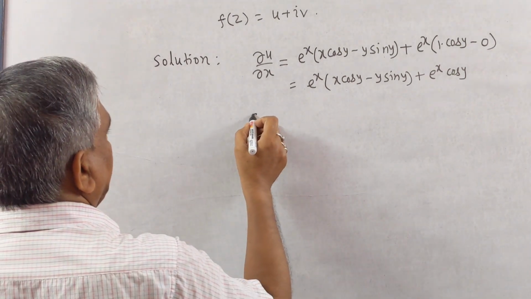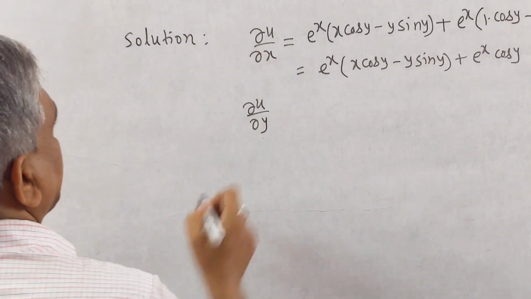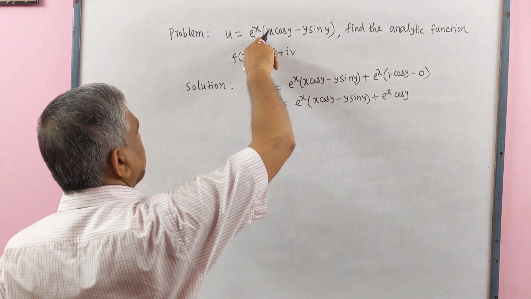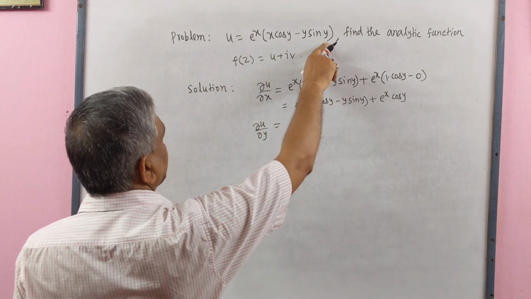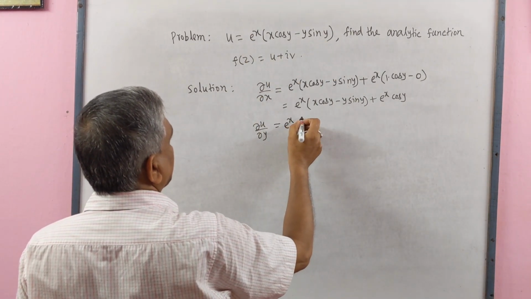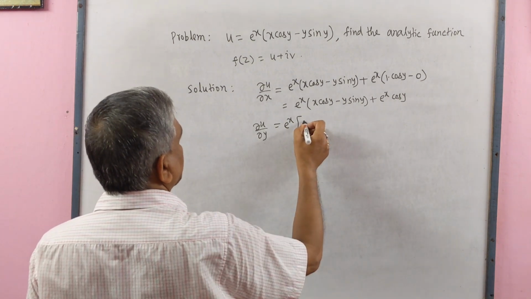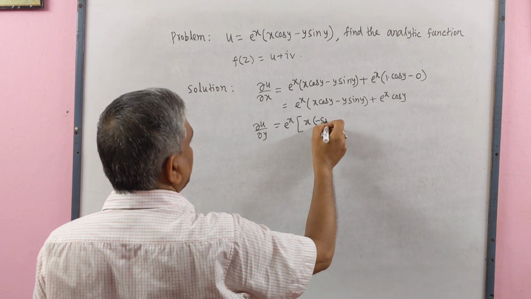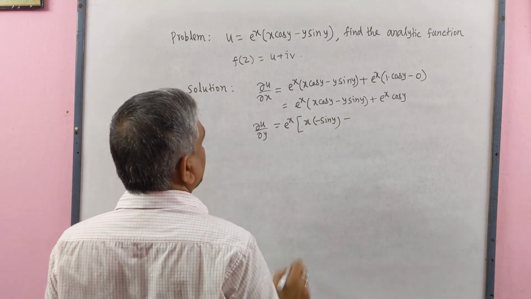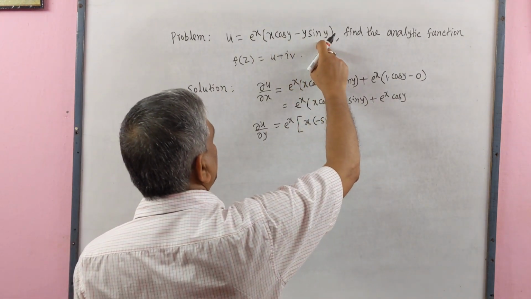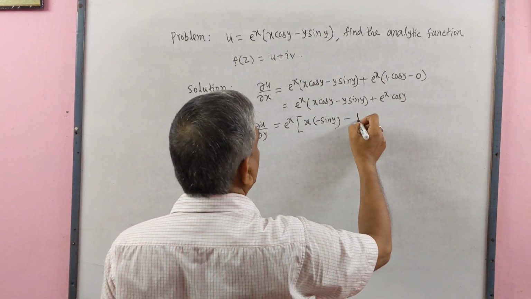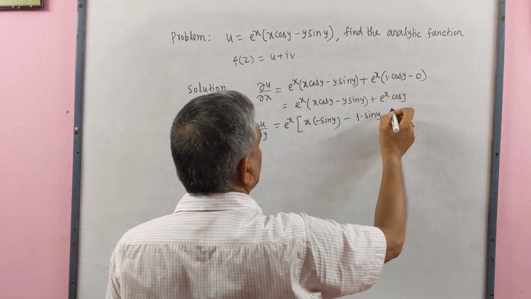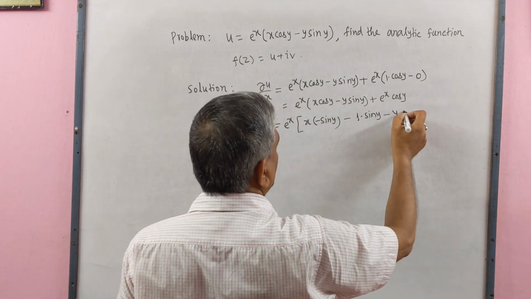Now we find ∂u/∂y. For this, e^x is treated as constant. We differentiate keeping e^x constant, and the differentiation of cos y is minus sin y, minus the product of two functions: differentiation of y is 1 times sin y, minus y times the differentiation of sin y, which is cos y.